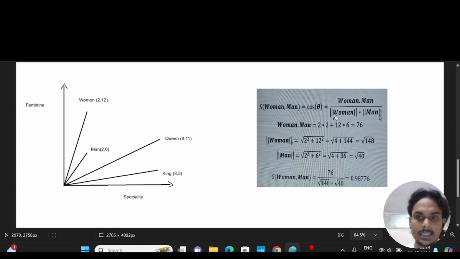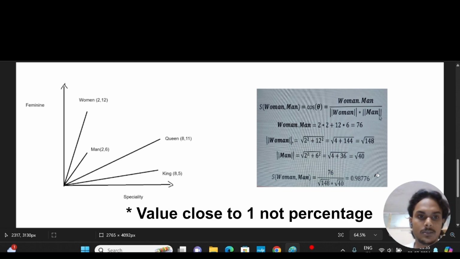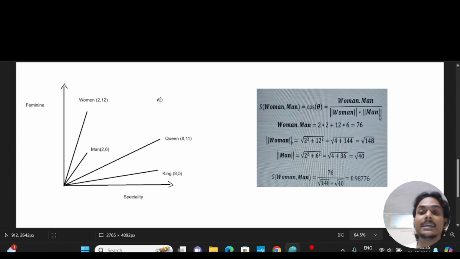We'll get 76, and for the denominator, in order to find the magnitude, we'll use the Pythagoras theorem to find the hypotenuse, and that is how we get the numerator and denominator. At the end we can see the similarity score using the cos theta formula. So the similarity is 98%. Because the angle between man and woman is less, the similarity is high, that is 98%.